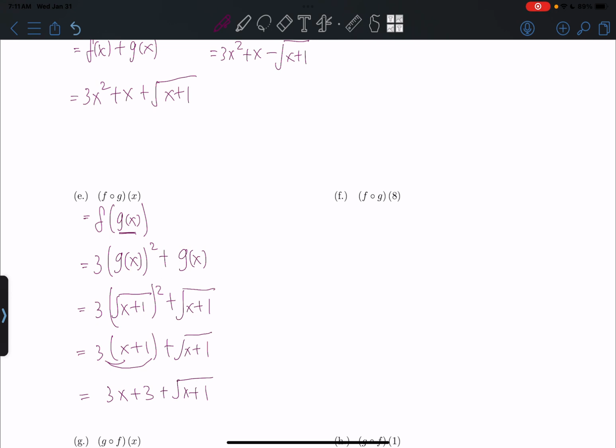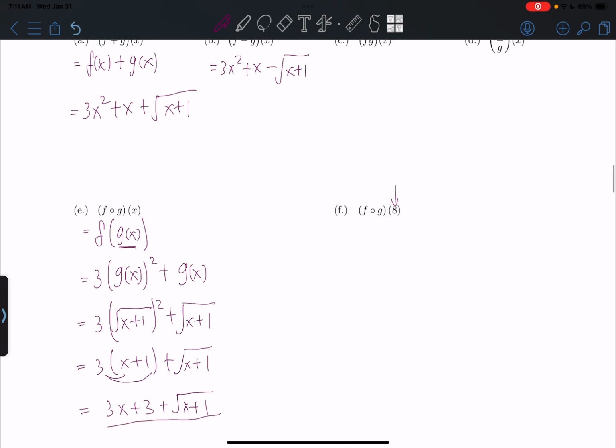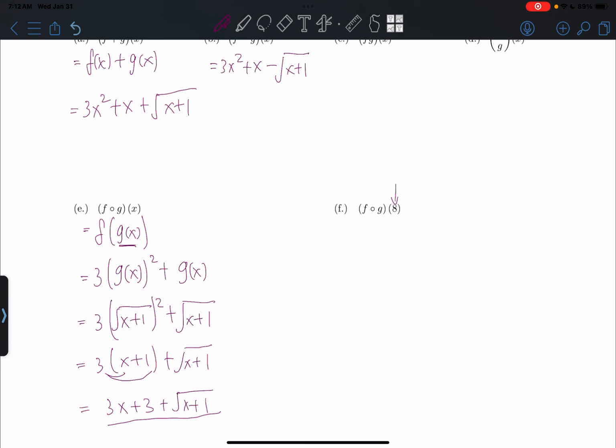Now for f, you can plug in the number 8 directly into this equation right here, the one we solved previously. But in case you did not have that first, then this is by definition f of g of 8. So what we can do is simply evaluate g of 8 first.